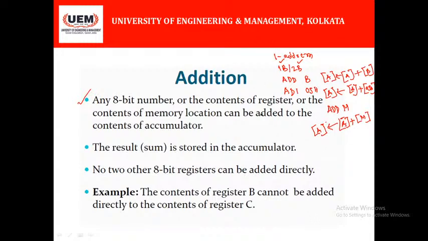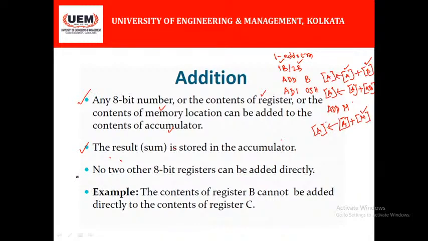That's why it says the content of a register or the content of a memory location can be added to the content of the accumulator. You can see in ADD M, the content of the memory location is added to the accumulator. In the case of ADD B, the content of the B register is added with A. After that, the result is stored in the accumulator register.